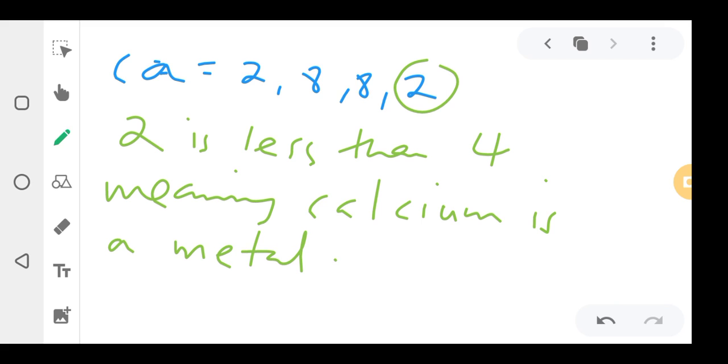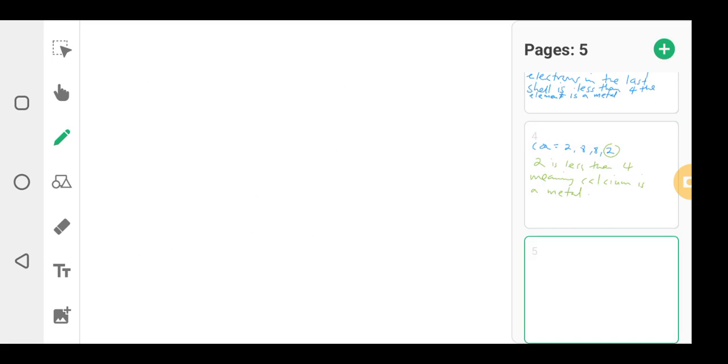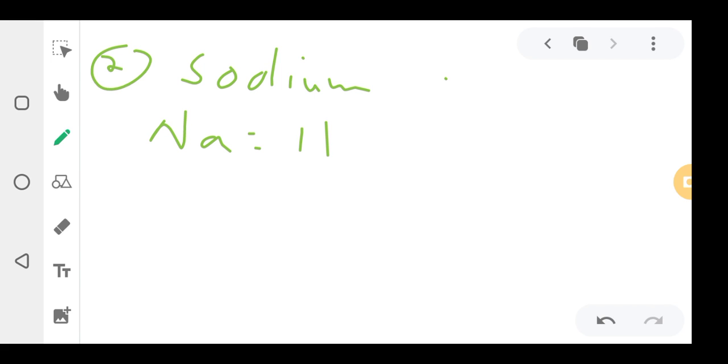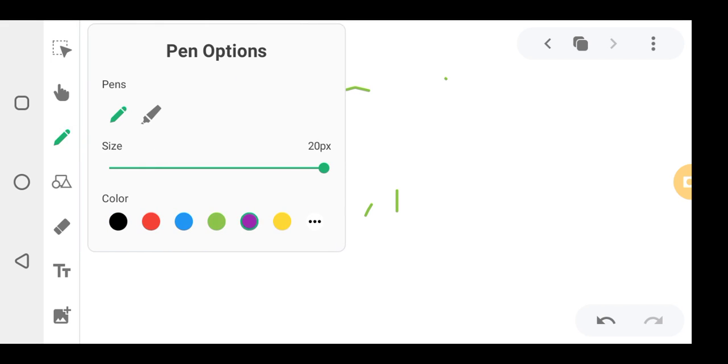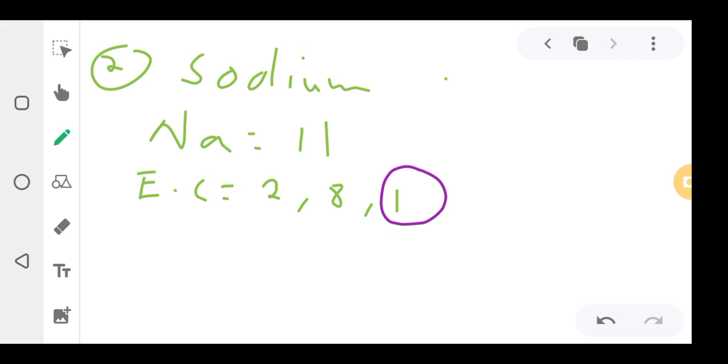Okay, another element that I can pick is sodium. I want to know whether sodium is a metal. So sodium is Na, 11. EC is 2,8,1. So you look at the last shell. What's the last number? 1.